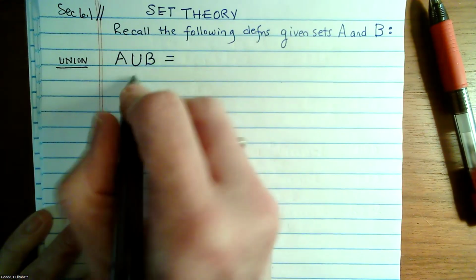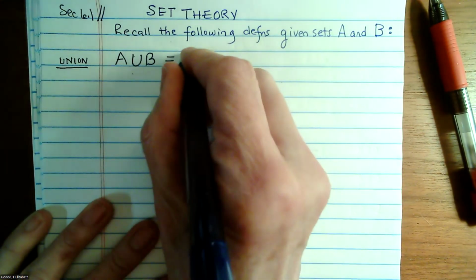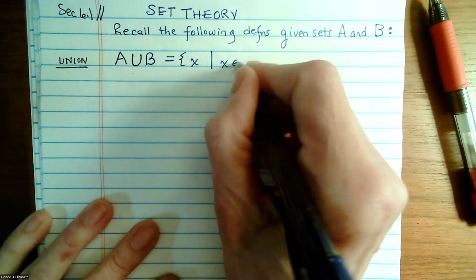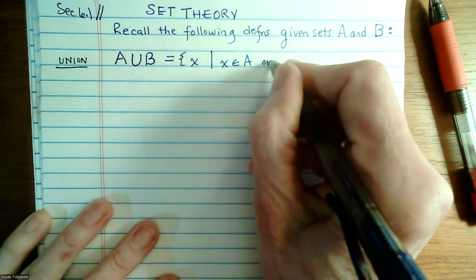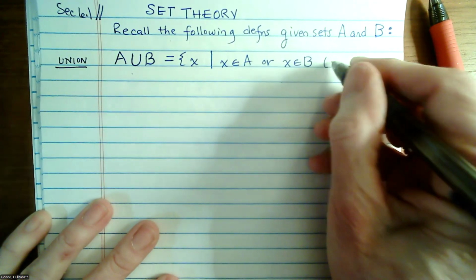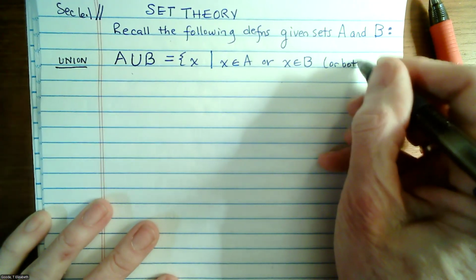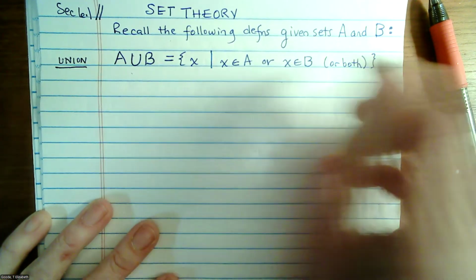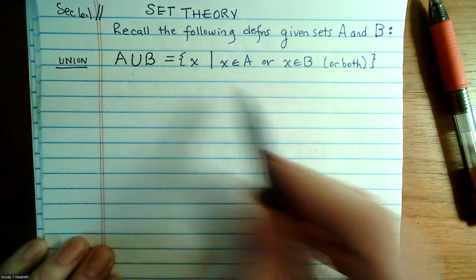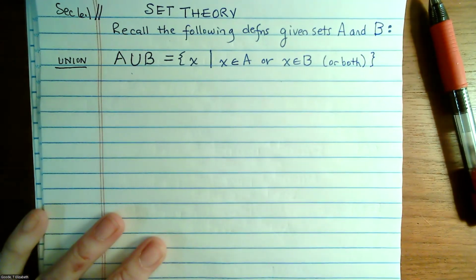In other words, the elements that are in A union B are X, such that X is an element of A, or X is an element of B, or both, because we use the inclusive OR in our logic. So that's the union. Elements that are in A or B or both.